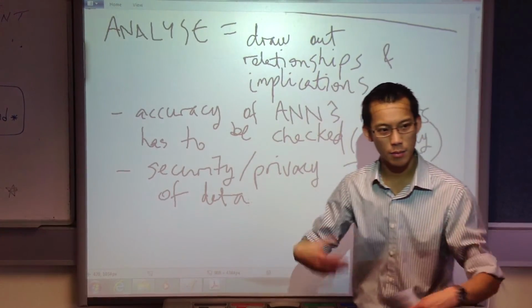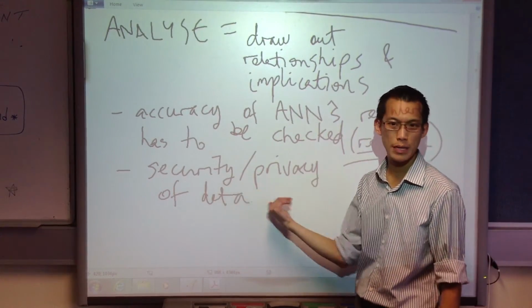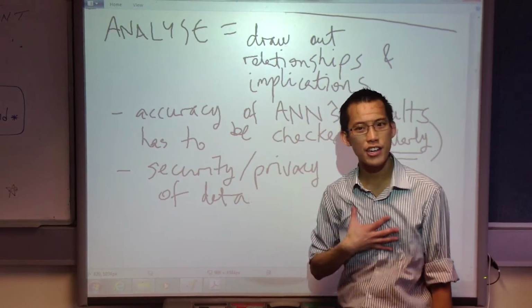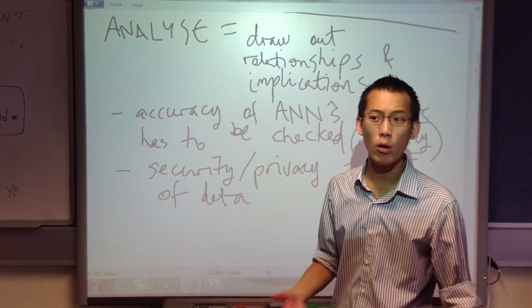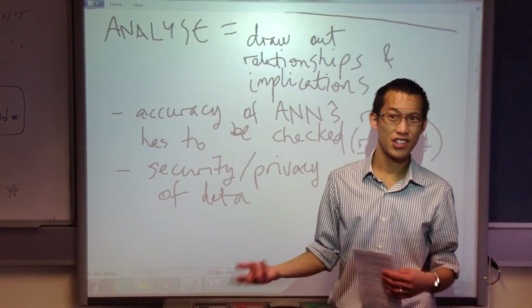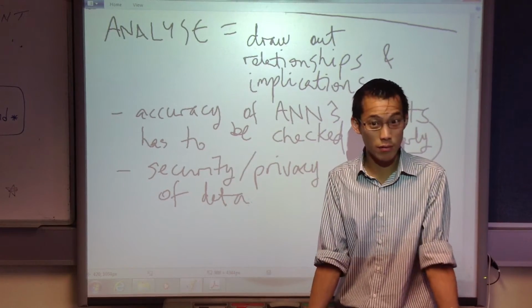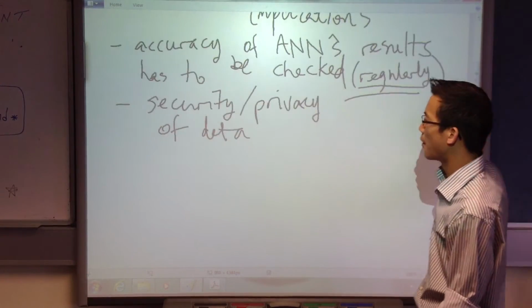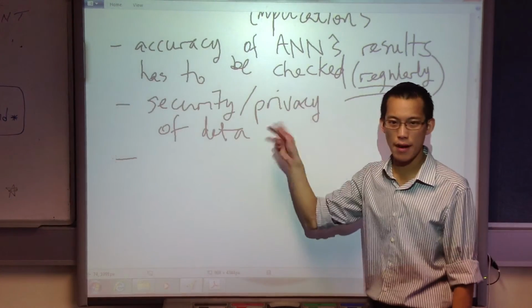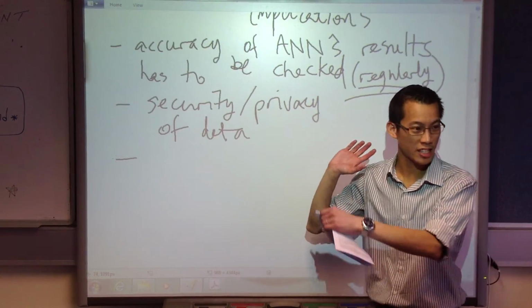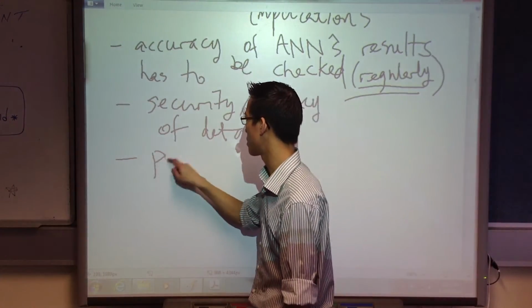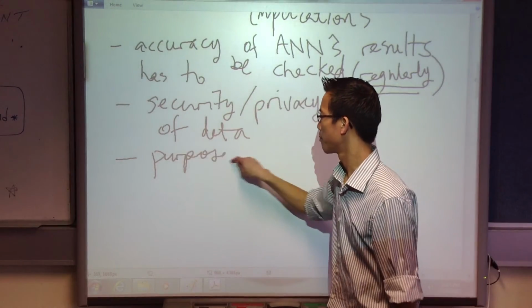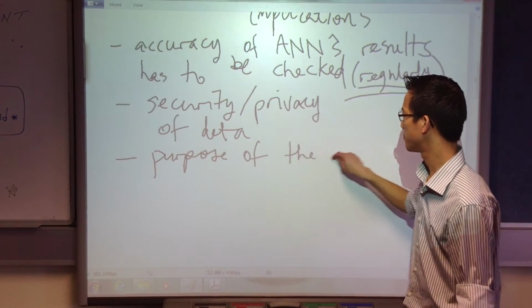So all this data comes in, how's it going to be used, right? And as a patient, I want to know that this data is being used only for the purposes of checking whether I have these cancerous cells or not, okay? And so, not only is the security or privacy of the data something that has to be protected, but also the purpose of the data has to be preserved.